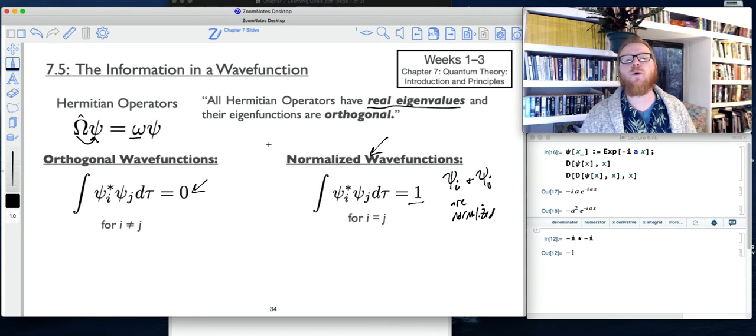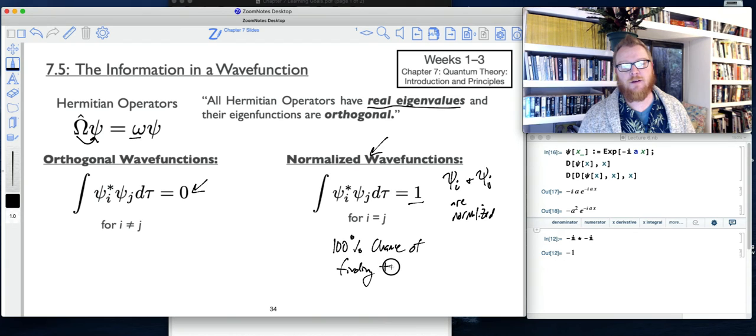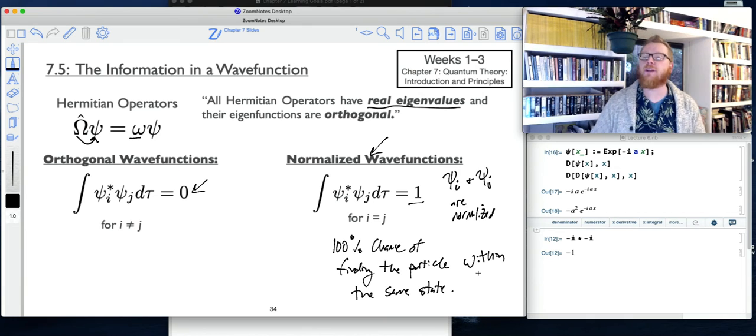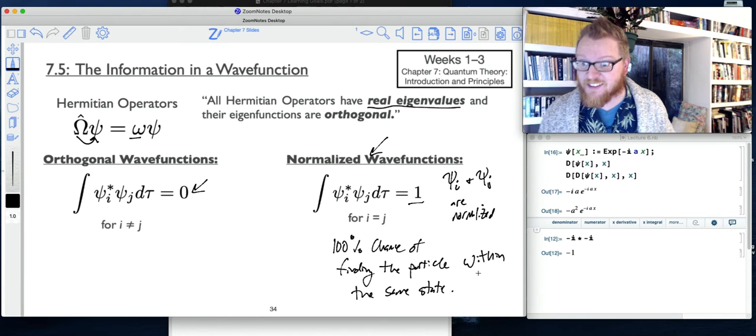So the conceptual interpretation of a normalized wave function is that there is a 100% chance of finding the particle somewhere within that same state.